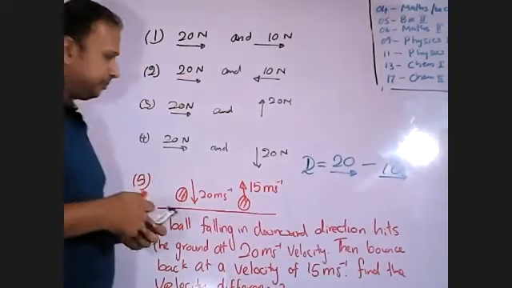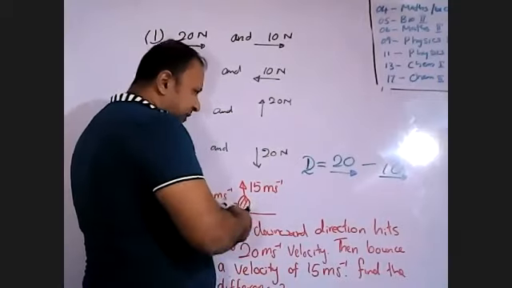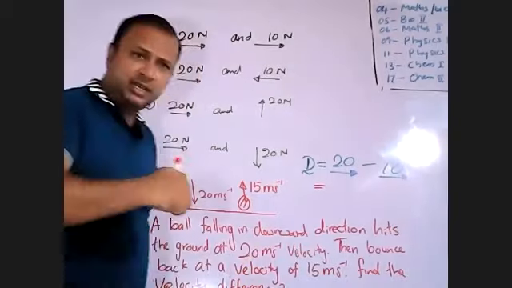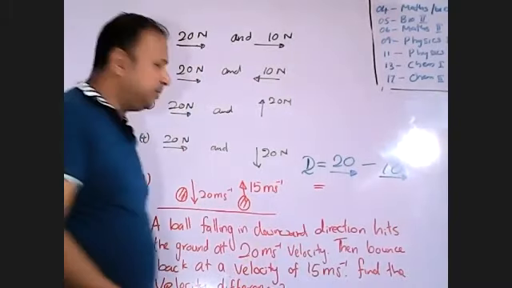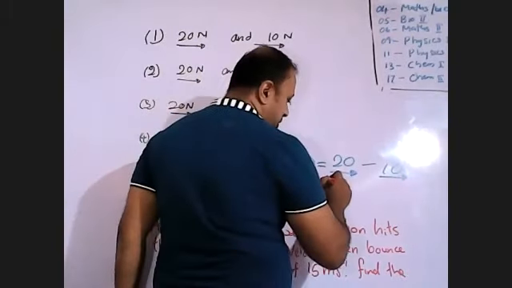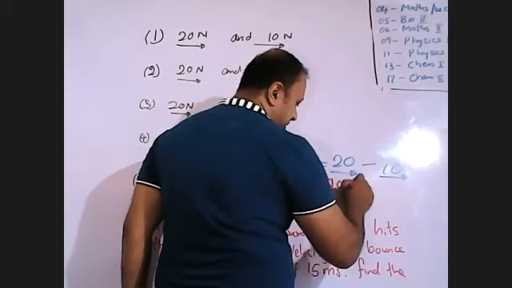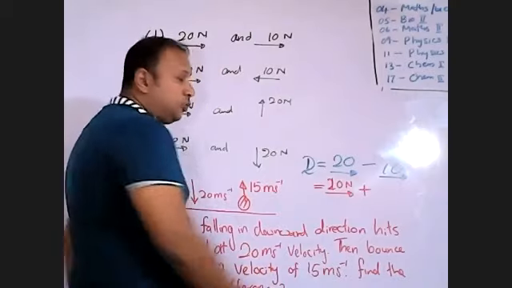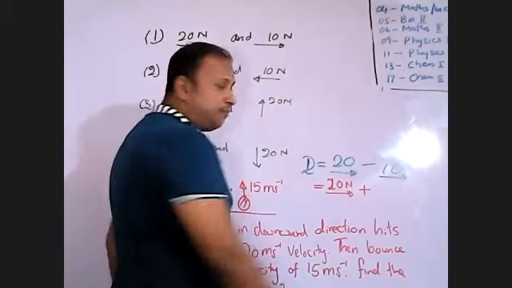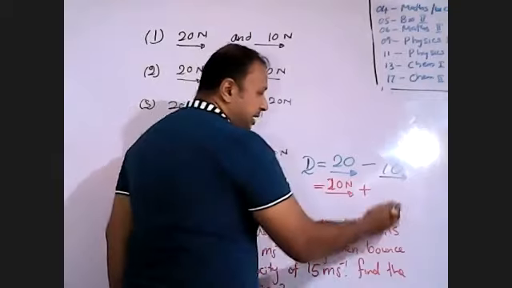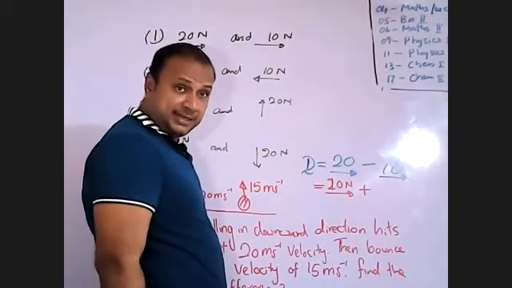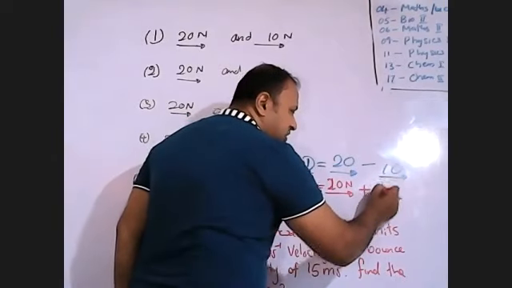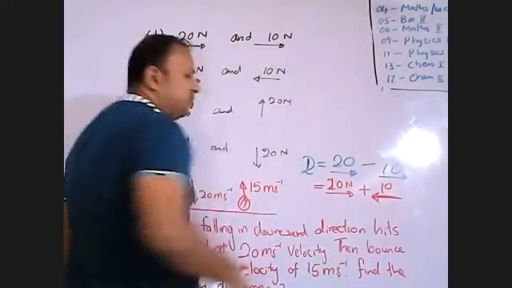Then I can write this one as an addition. The second step is I can write this one as an addition. How to add this? 20 Newton in this way should be added to the minus vector of this one. Minus vector of this one means you have to reverse its direction and add to the first vector.